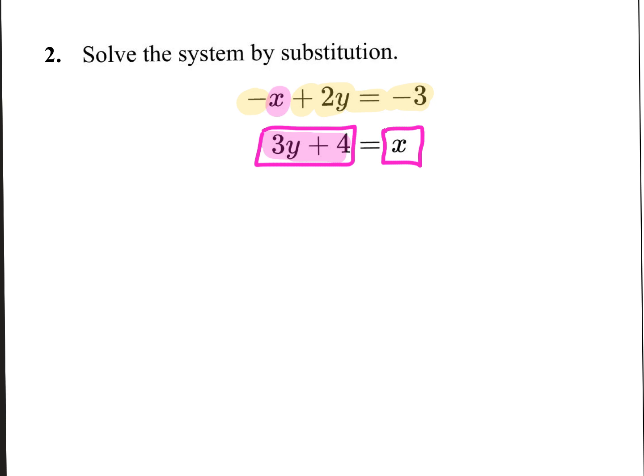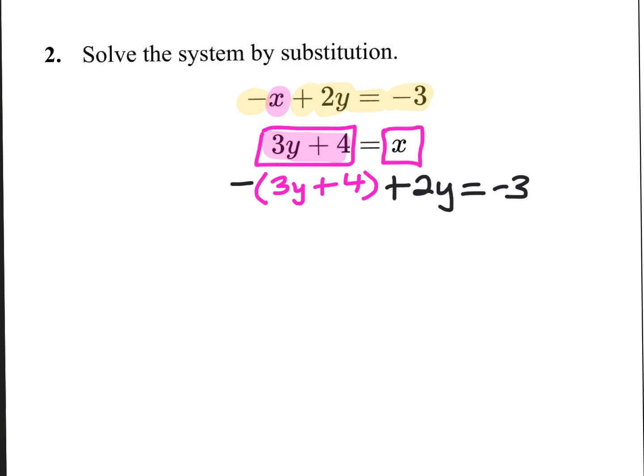So let's see what that looks like. So I'm going to do the negative. Instead of the x, I'm going to write 3y plus 4. And I'm going to put that in parentheses. Then I need to make sure, okay, so I got my minus for my equation. I took care of what I substituted in for x. Now I can't forget the plus 2y is still part of the equation. And the equals -3.